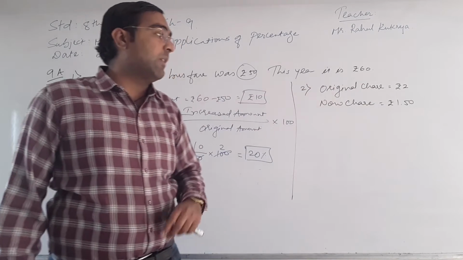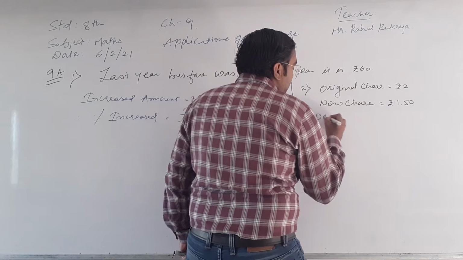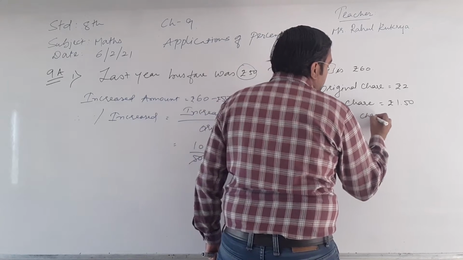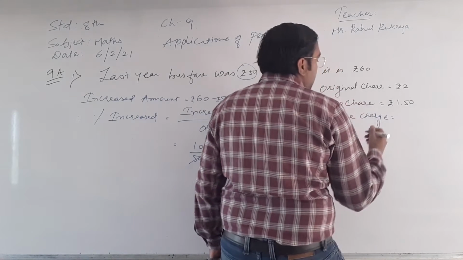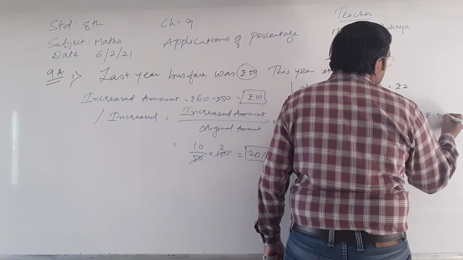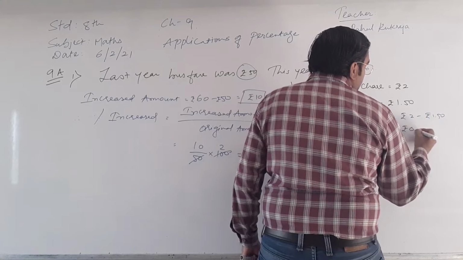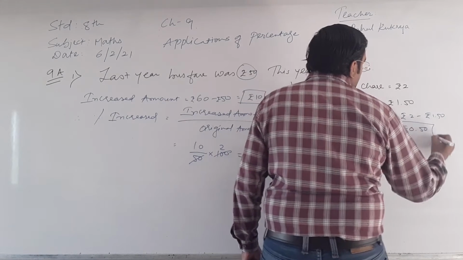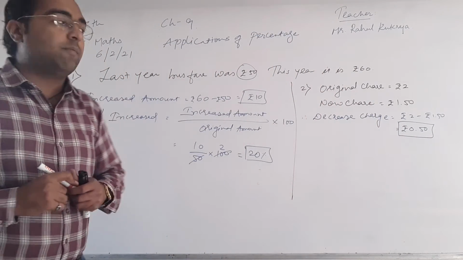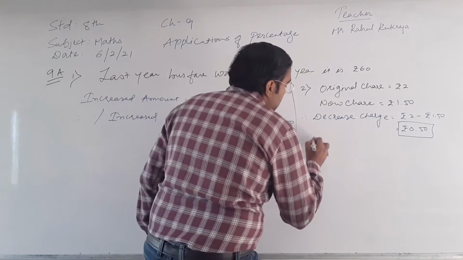Clear? You are seeing that. So how much has the value decreased? First of all we have to find the decrease in charge. Rupees 2 minus rupees 1.50 will be rupees 0.50. So 0.50 rupees are decreased from the last 5 years. Now we need to find the percentage of decrease.